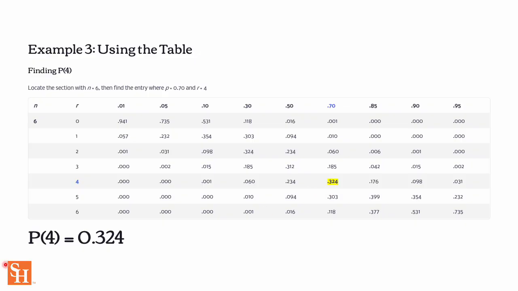So the probability that exactly 4 seeds will germinate out of the 6 is 0.324. That means there is a 32.4% chance that exactly 4 seeds will germinate out of the 6, right?